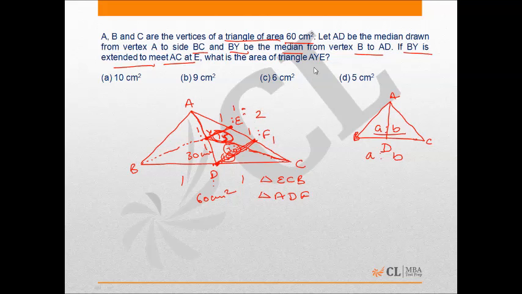So for triangle AYE, the area would be divided in the ratio 1:2, hence when 15 is divided into the ratio 1:2, I would get 5:10. Hence the area of triangle AYE will be 5 centimeter square. Option D is the correct answer.